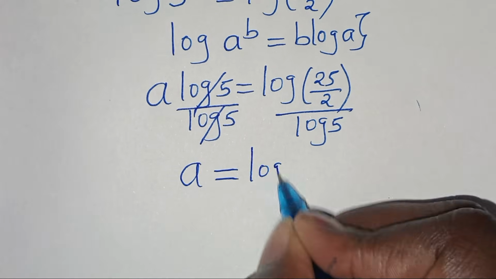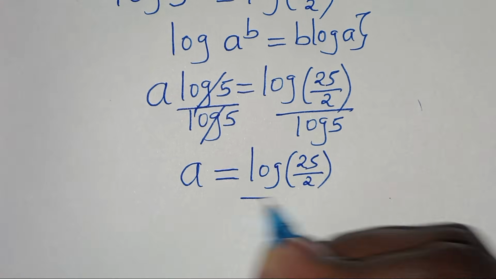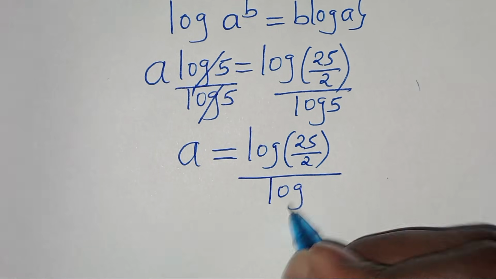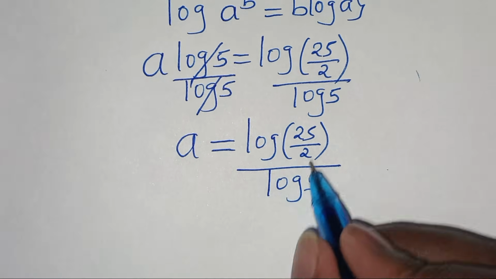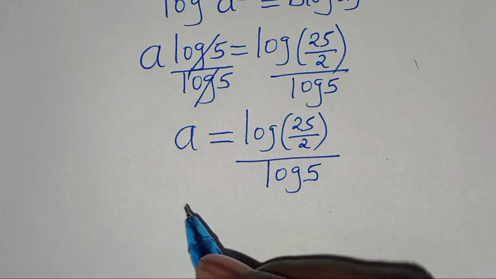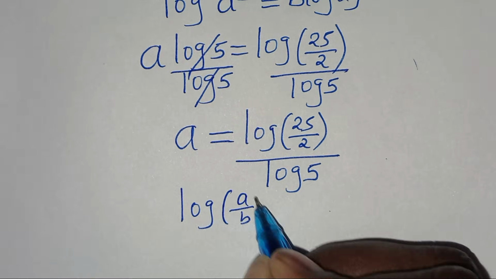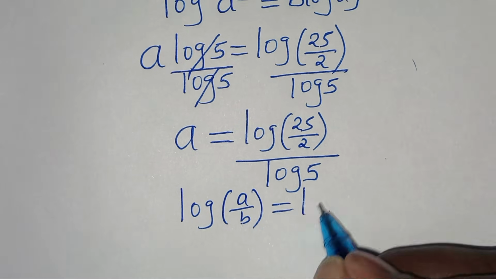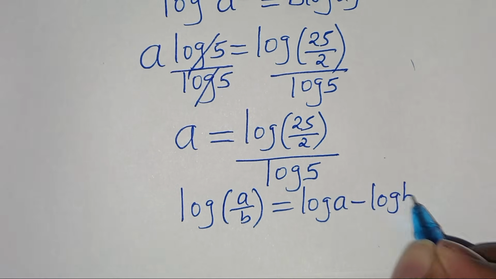log 25 divided by 2, then divided by log 5. So log 25 divided by 2, this is in the form of log a over b, which we can express as log a subtract log b.